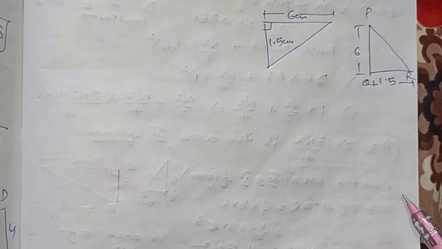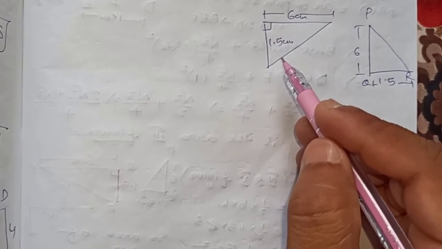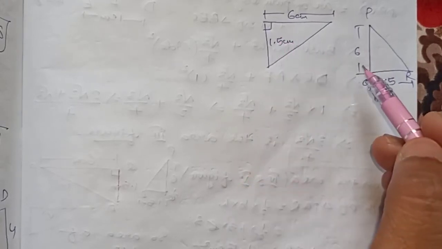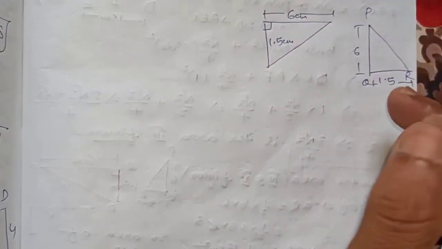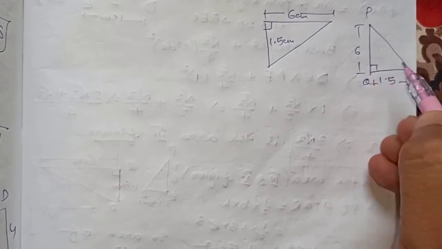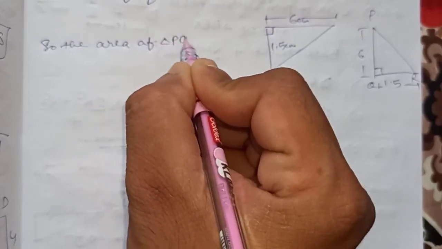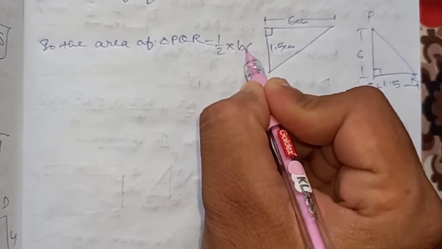The fourth and fifth figures are right angle triangles, so if we find one area, we will get the area of both triangles. If I rotate this triangle in this way, I will get a right angle triangle. Suppose the name is PQR, so the area of triangle PQR will be half into base into height.